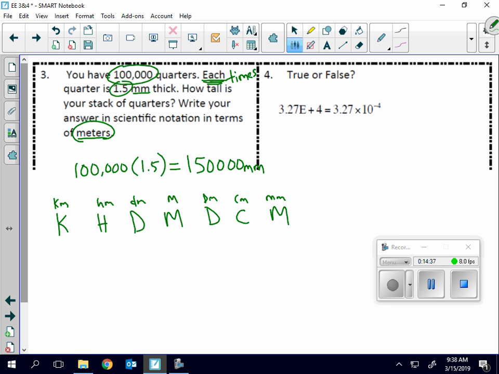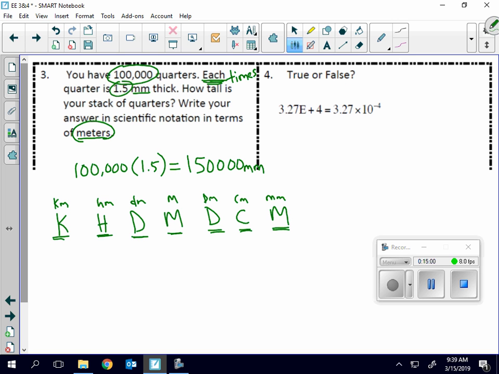Okay, those are all the different types of meters we could have. And the way I remember these letters is King Henry's drunken mother drinks chocolate milk. You might have heard it in a different fashion. There's lots of different mnemonic devices for that. But again, King Henry's drunken mother drinks chocolate milk.